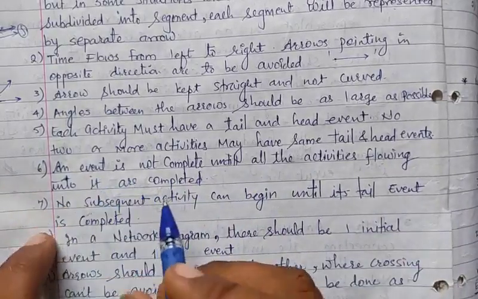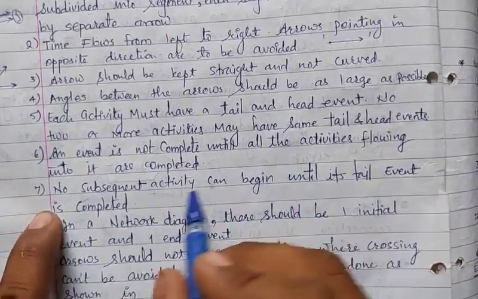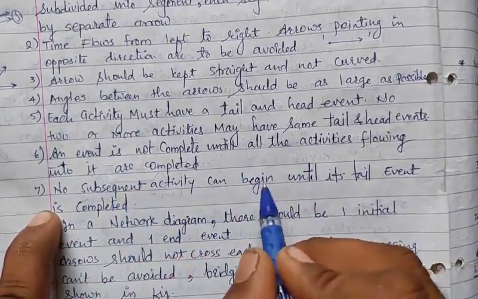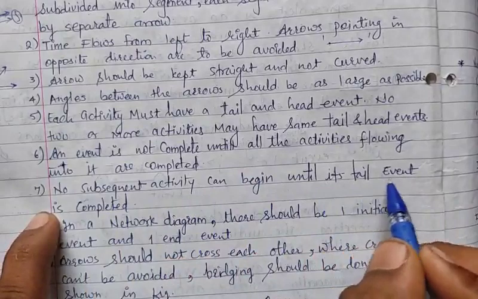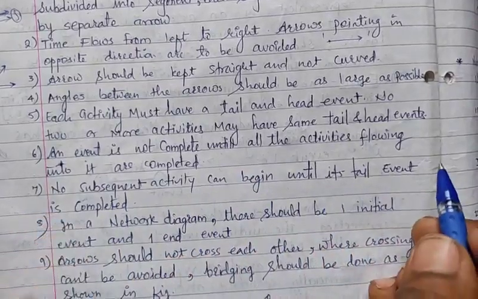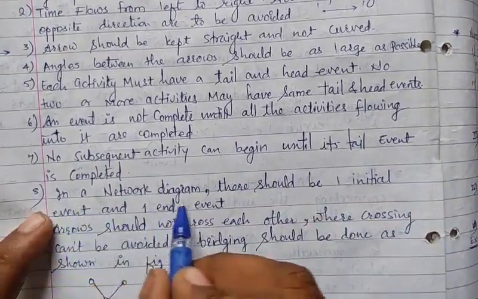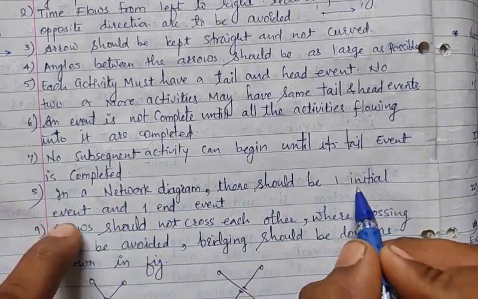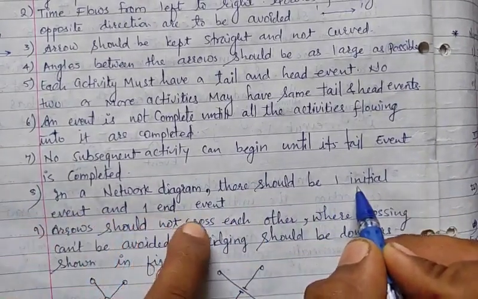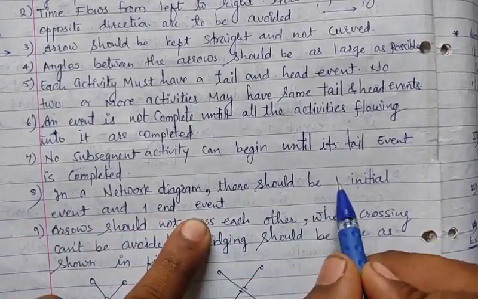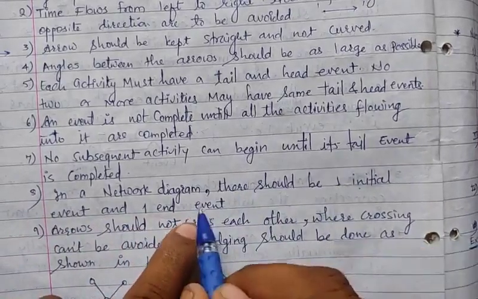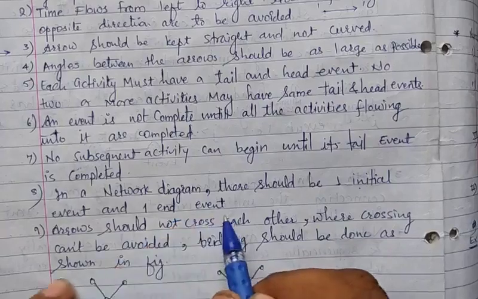Next is no subsequent activity can begin until its tail event is completed. Next is in a network diagram there should be one initial event and only one end event. So remember this condition, there should be one initial and only one end event.